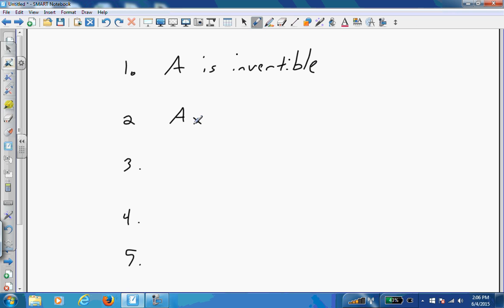Well, one thing we've looked at, if we have a system of equations and that has one solution for each b, then those things are equivalent.